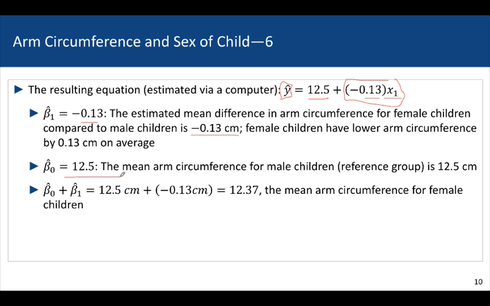The intercept value is 12.5. This is the estimated mean arm circumference for male children, in other words, children whose value of x1 is 0. So that's equal to 12.5 alone.